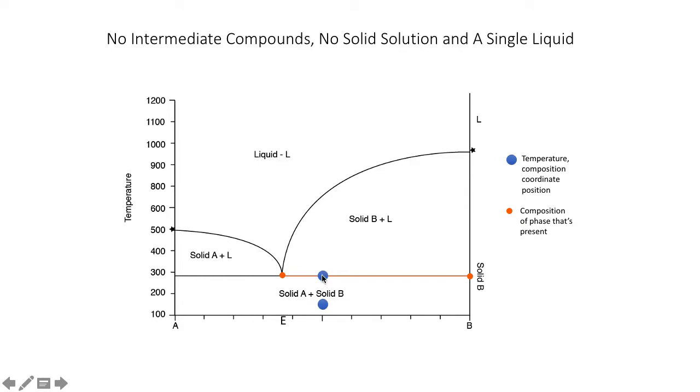So it's going to take a while to melt. And let's see if we've got a little cue here. Sorry, this way. Okay, yeah, so the liquid is going to have this composition, just dropping this line down.